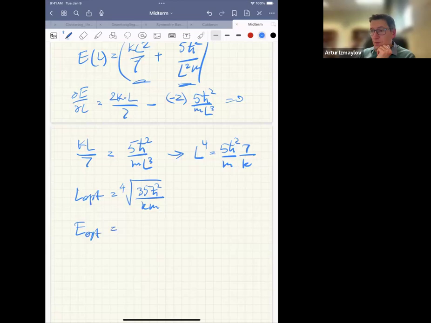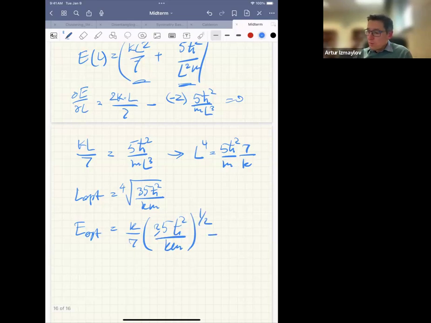Energy optimal is then just putting this inside, and we're going to get k over 7 times 35 h bar squared over km to the 1/2, because L was squared there, plus 5 h bar squared over m times square root of km divided by 35 h bar squared.